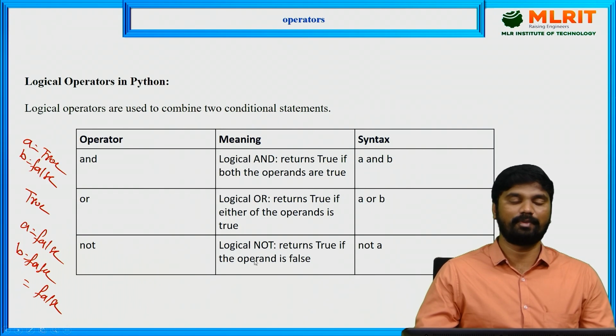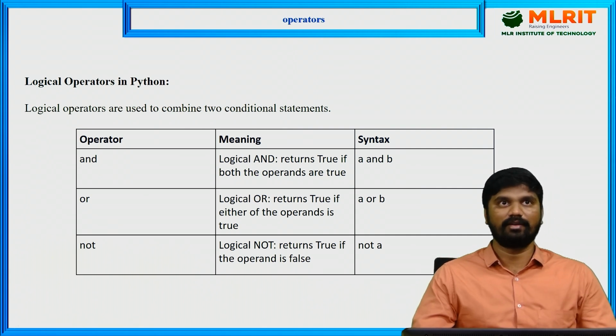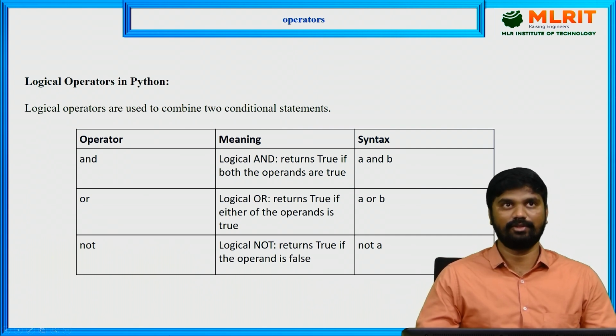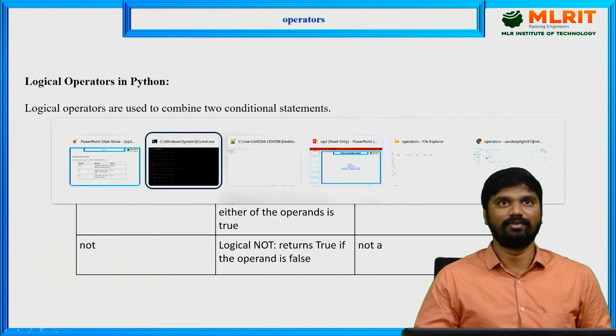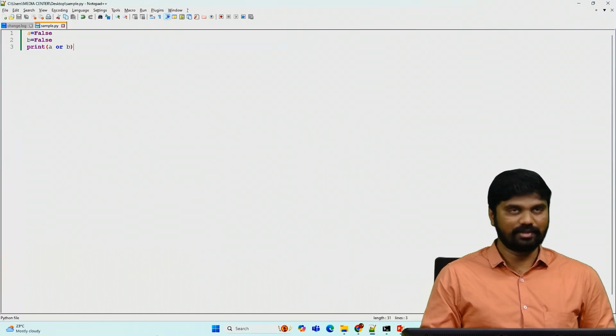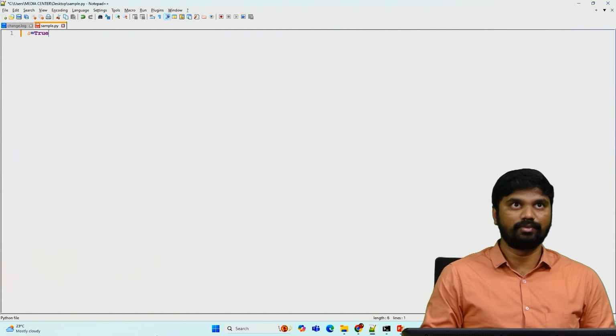Next, which operator do we have? The logical NOT operator. If the operand value is true, then it returns false. If the operand value is false, then it returns true, just the opposite of that operand value. Let me see through an example. A equals true.